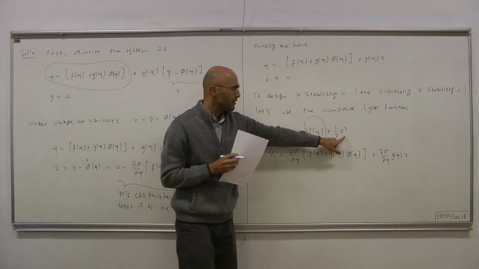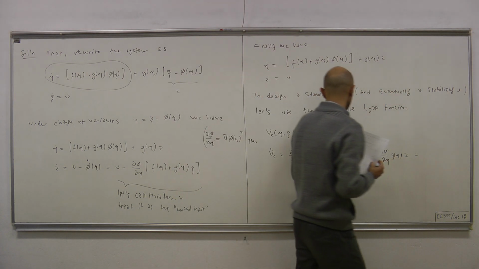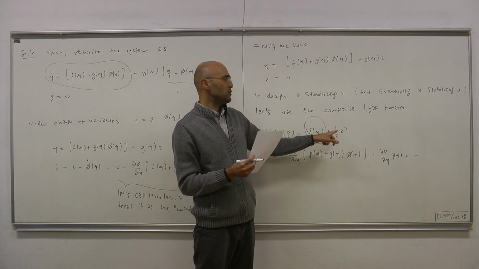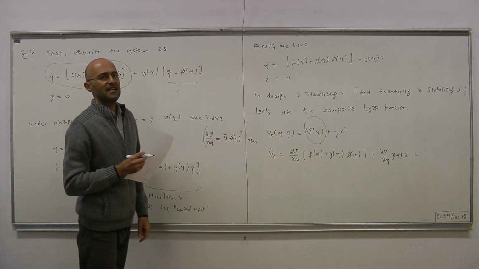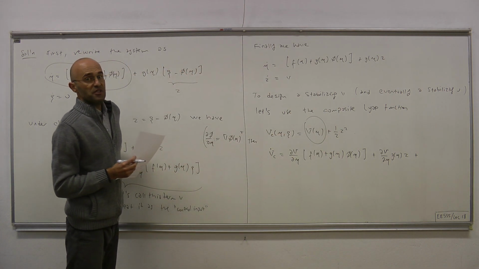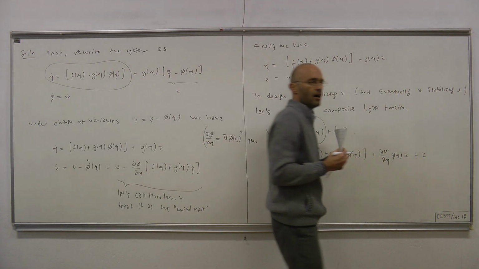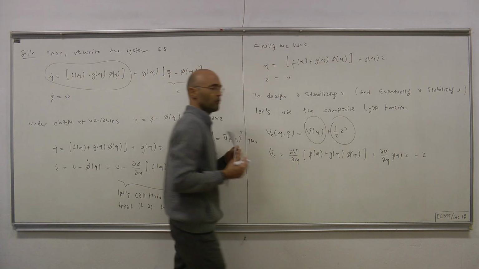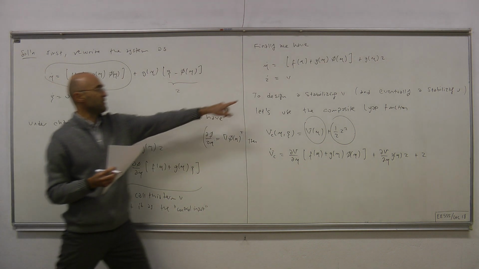Okay. We also have this term, which is the time derivative of this, the gradient of this with respect to z, which is just z, and then we multiply with that time derivative of z, which is z dot. In other words, we have z times z dot for the time derivative of the second term, and z dot is what we're calling v.